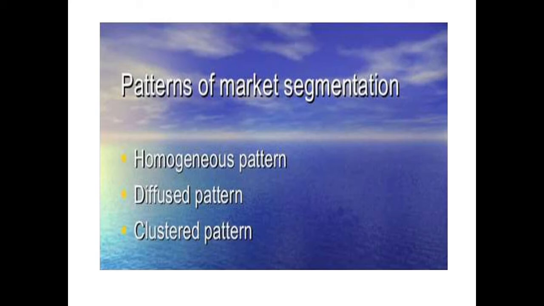Moving on to diffuse preference. This exists when consumers want very different things. So it is actually difficult for the marketer to identify the needs and requirements of the consumer when his perspective is different. When there are groups of consumers or individual consumers who really want something very different, that is called diffuse preference.